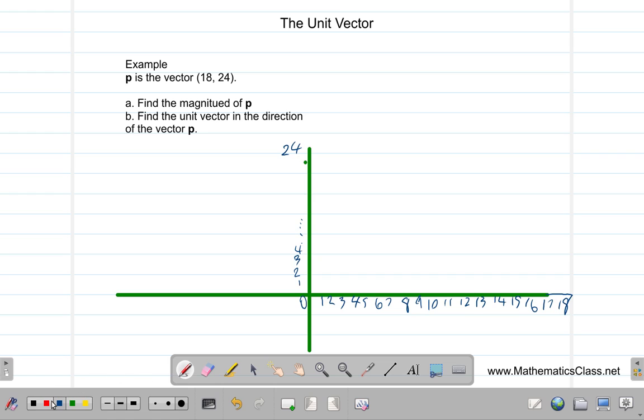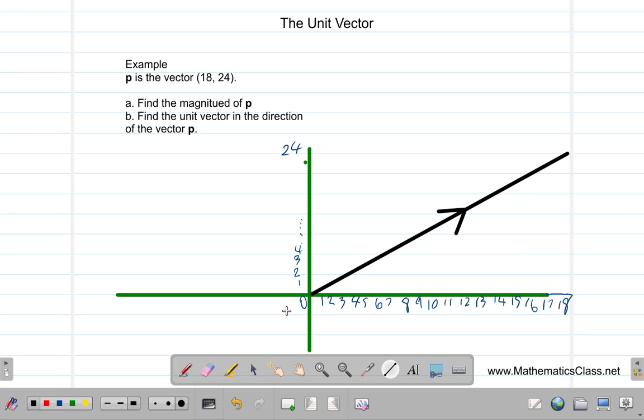It would be a position vector. That position vector would start at the origin, as always, and it would go to the end. The end of that vector would be above 18 along the x-axis and beside 24 on the y-axis. So this is the vector that we're looking at.